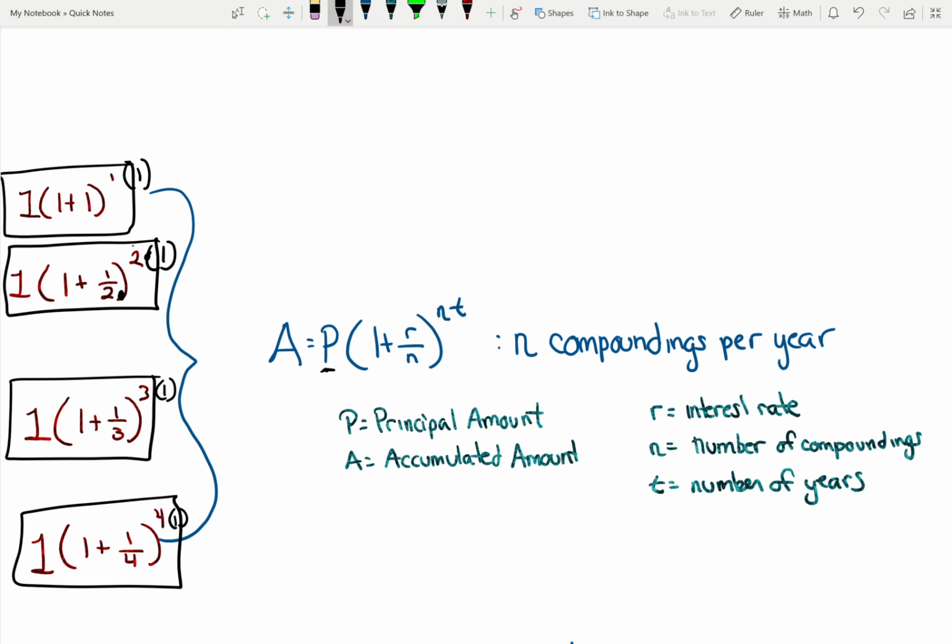The lesson here is that the more times you compound throughout the year, the more money you'll get in the long run. So obviously, as an investor, I would love to make as much money as possible. So I don't even want an integer value for a number of compoundings.